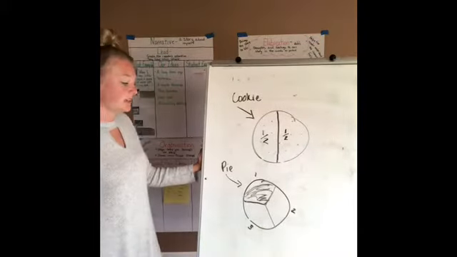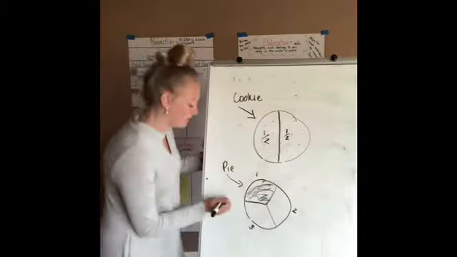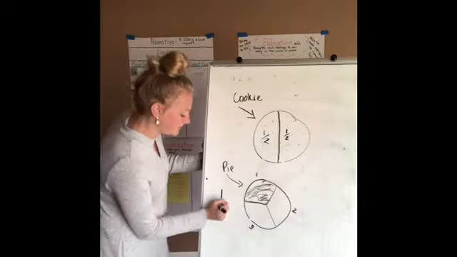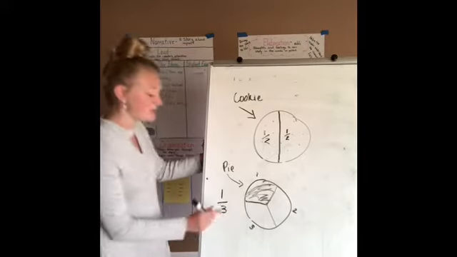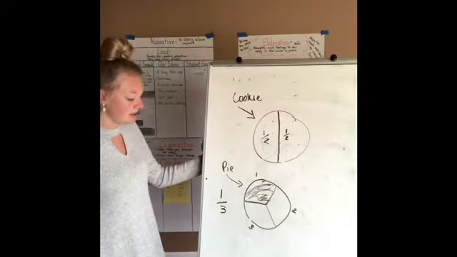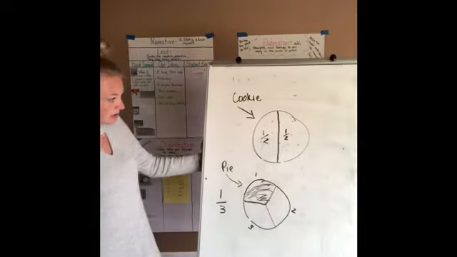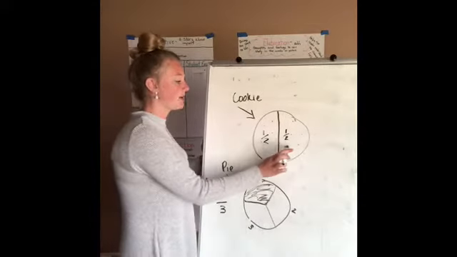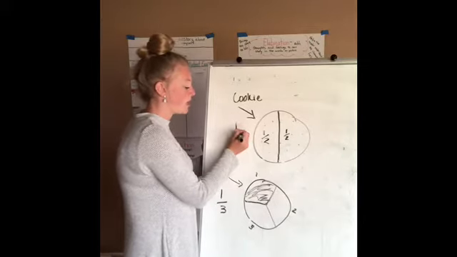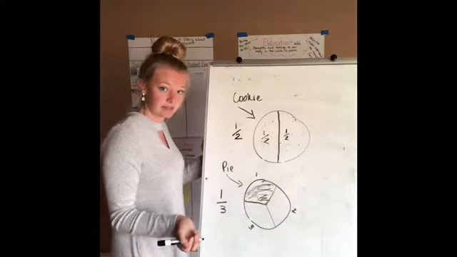So I get one piece out of the 3 pieces. So that means I get 1/3 of the pie, okay? So let's see how this works. Here I got 1 out of the 2 pieces. So I got 1/2 of the pie.